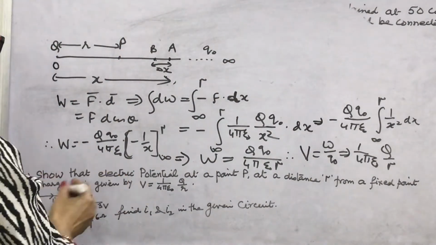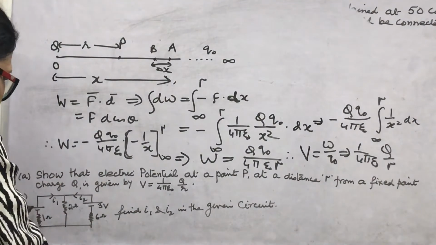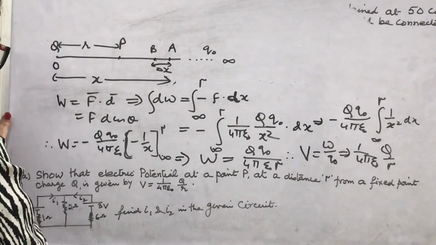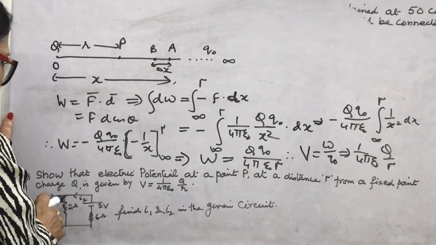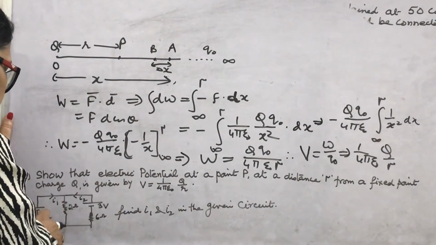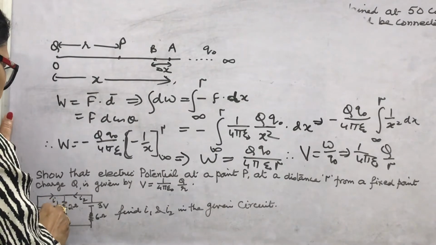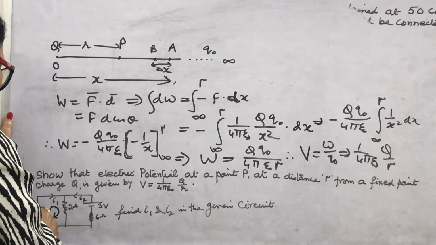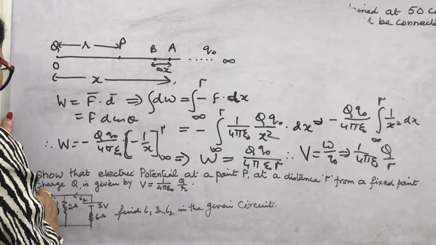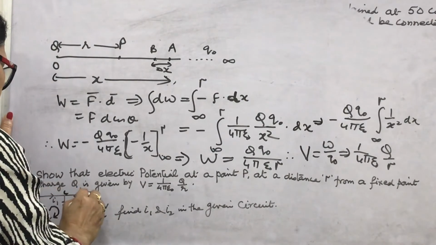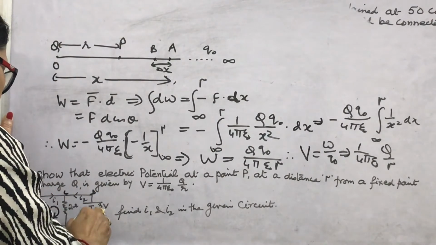It is given here, this is 1 ohm resistance, this is a 2 volt cell and current I1. In this section there is 2 ohm resistance. If you take the loop, write its names A, B, C, D, E, F.